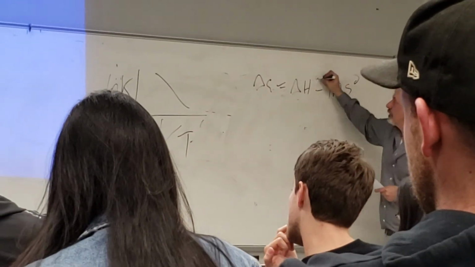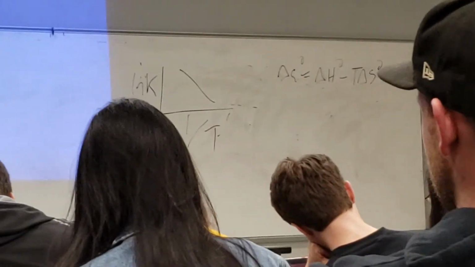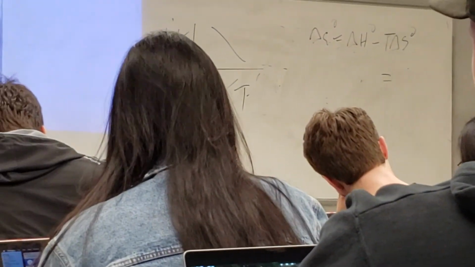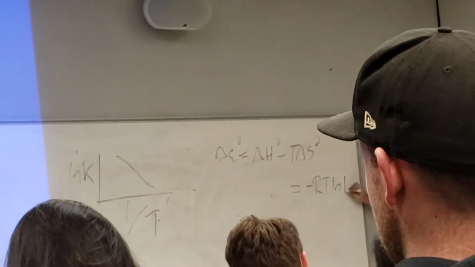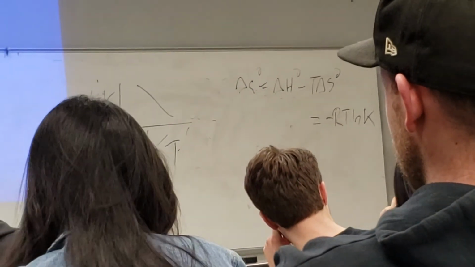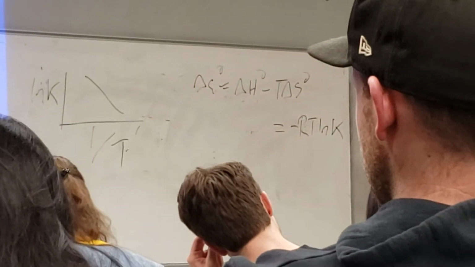These are all standard. So what's that all equal to? What's delta G equal to? Minus RT ln of something, K. So then that becomes easy, because I could just take an ln.